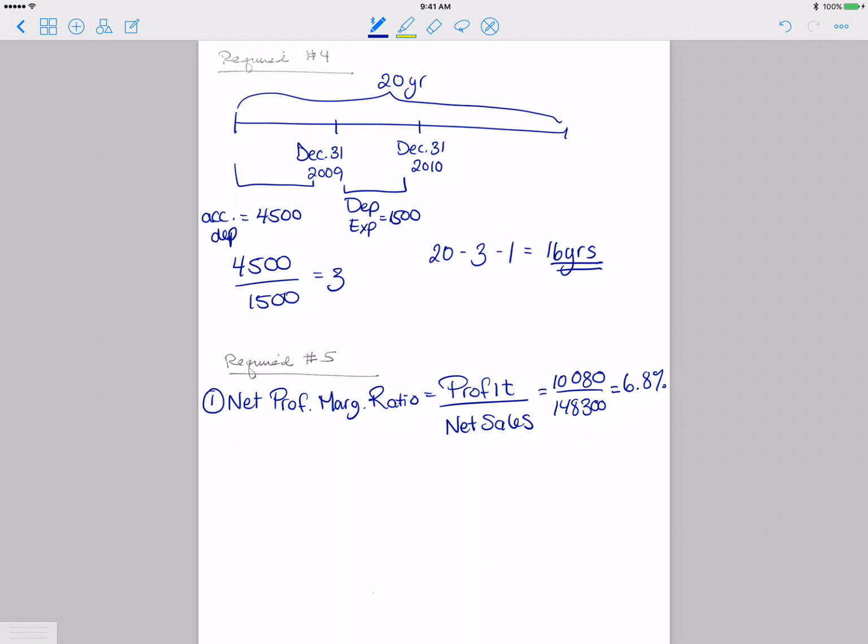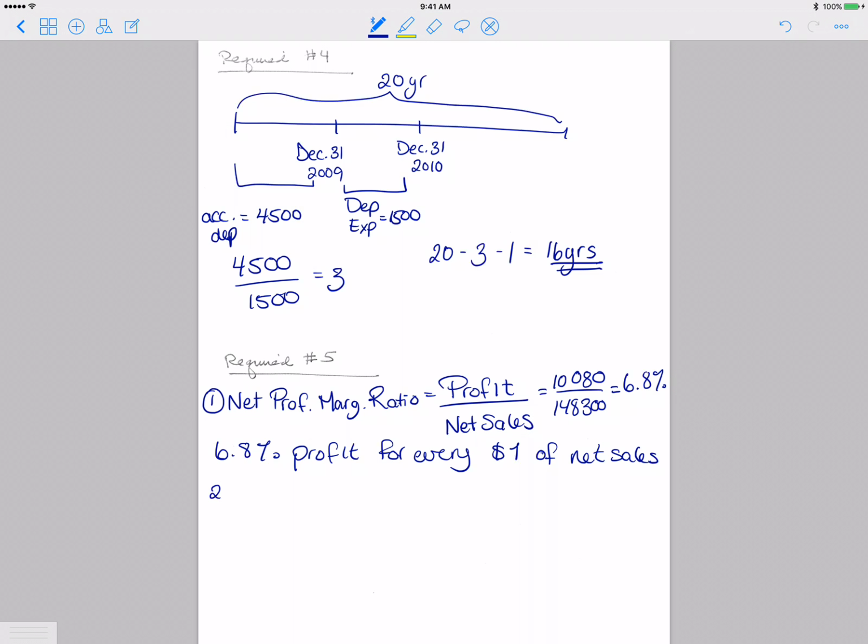This means that we make 6.8% profit for every $1 of net sales. So out of every dollar, 6.8% is turned into a profit.